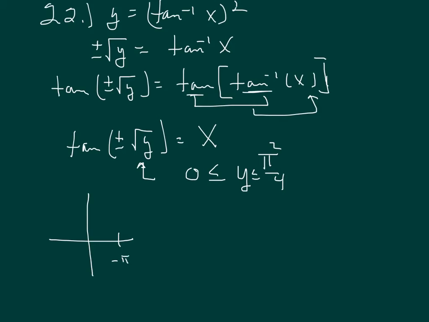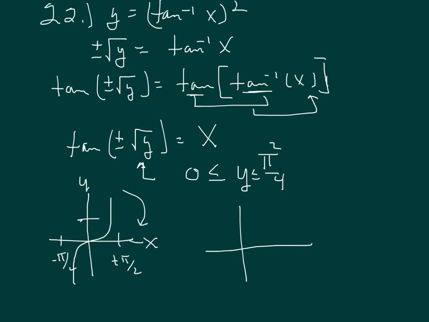Here's the tangent, from plus pi over 2 to minus pi over 2. The tangent looks like this. This is x, this is y. If we do the arctangent, we flip the axes around and reflect, and if we were plotting the arctangent here, we would get a function that looks like this, where we're approaching pi halves and minus pi halves.